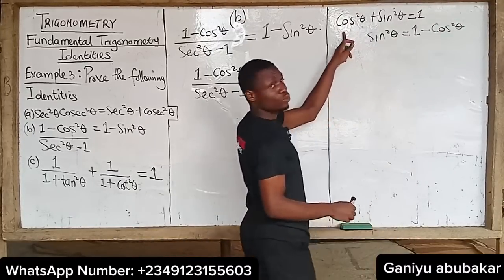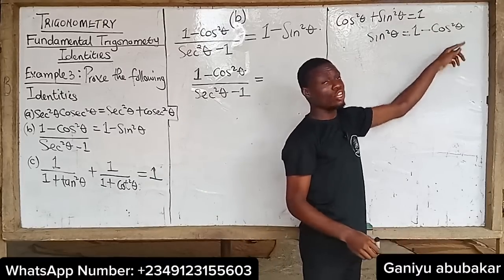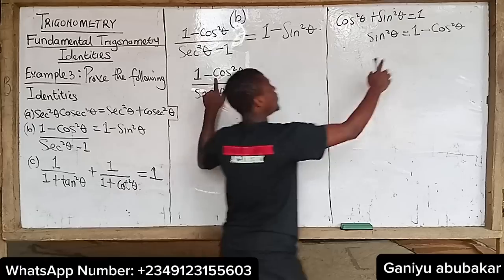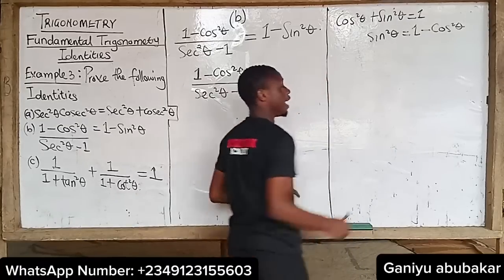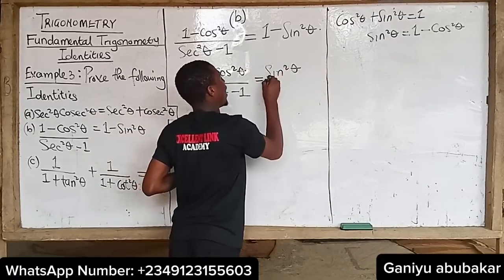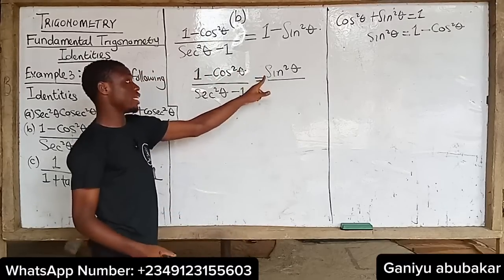If I take this one here, I'll have a negative sign here. So I can replace everything here with sin squared theta. I have shown you how we got sin squared theta.